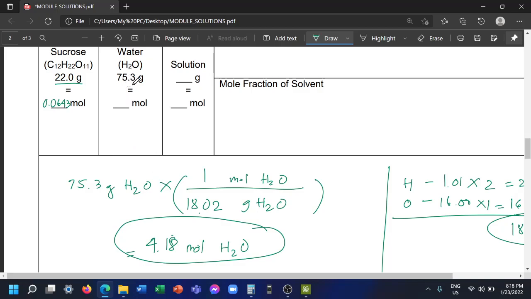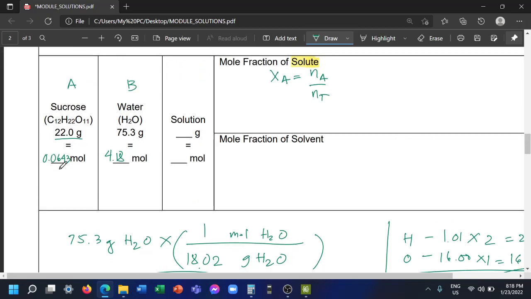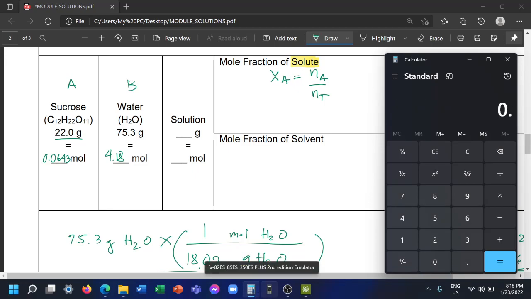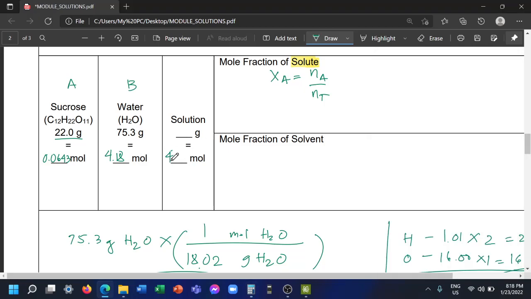So 75.3 grams of H2O is equal to 4.18 moles. Now we're ready to determine the number of moles of the total solution. That's 0.0643 plus 4.18, which is equal to 4.24 moles.